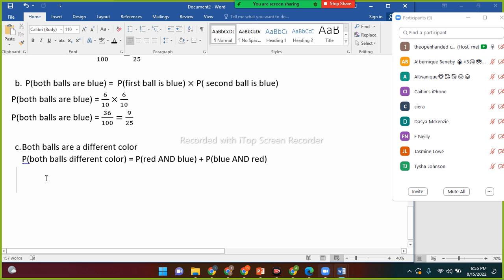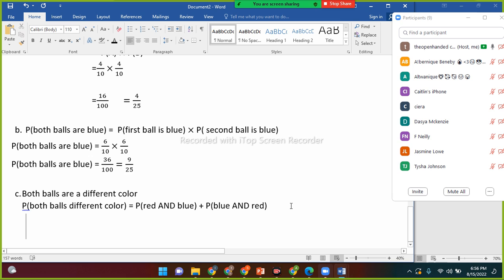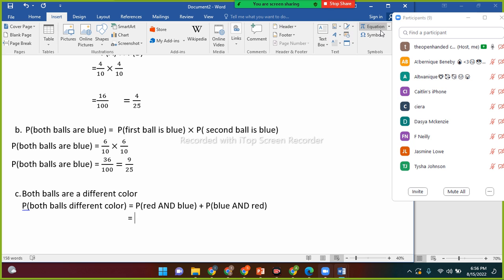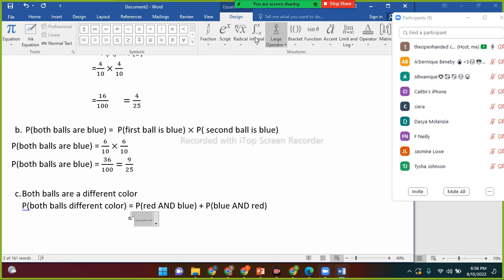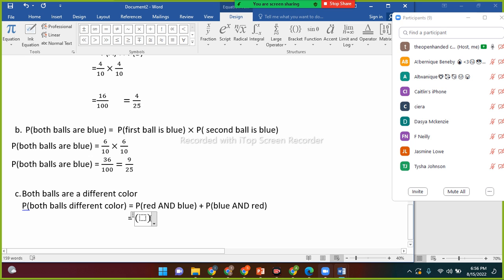My question is, how can we get the first one red and the second one blue? For that one, we know we have to use the multiplication rule, because we have an and. An and means we are going to use the multiplication rule. So what's the probability that the first one we get is red?